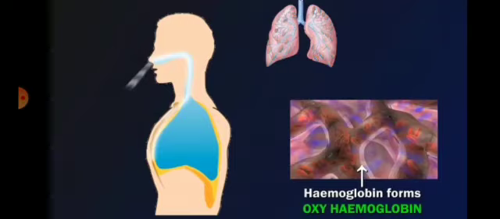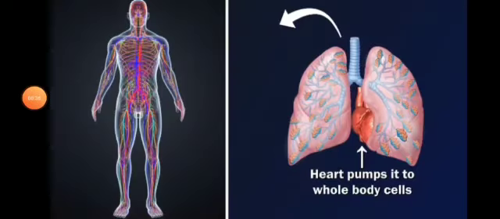Oxyhemoglobin is formed by the combination of hemoglobin plus oxygen. Now this oxyhemoglobin is ready and goes into the heart. Now the heart pumps it to the whole body cells.